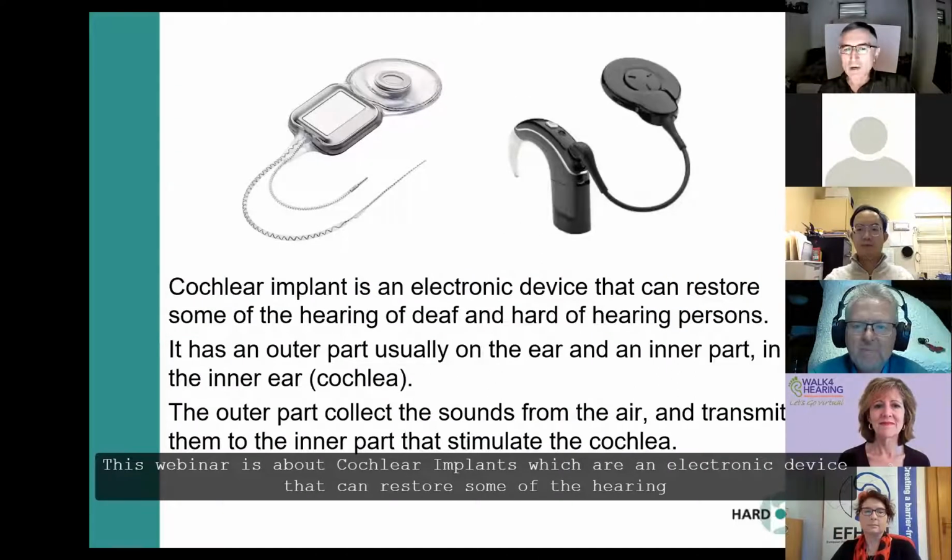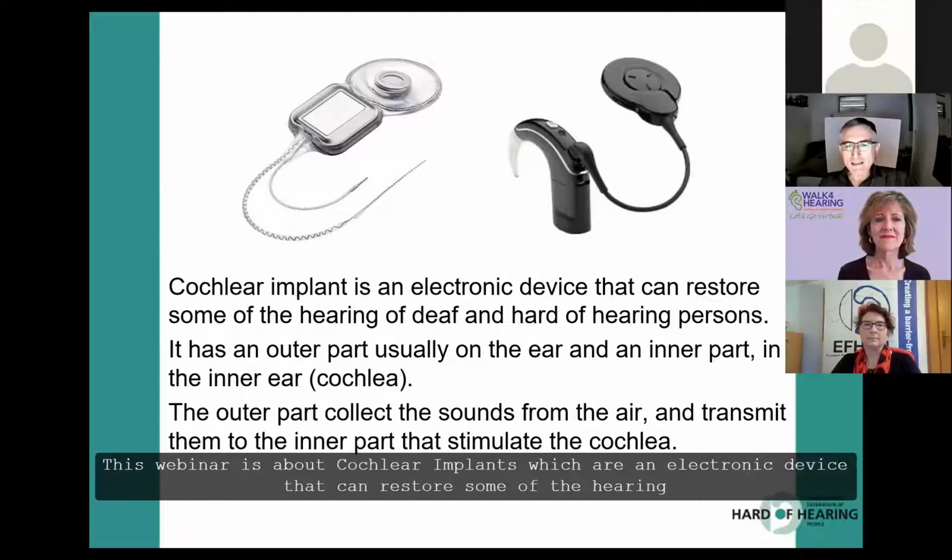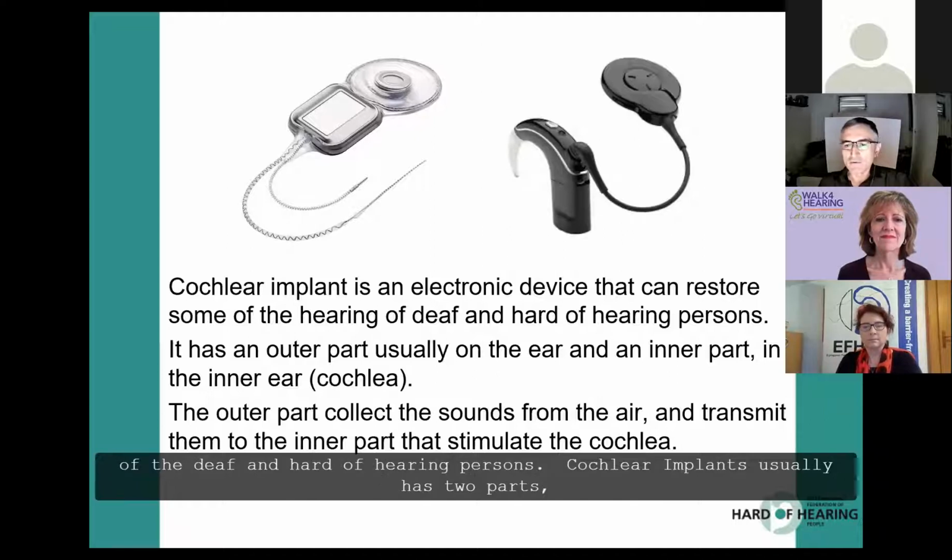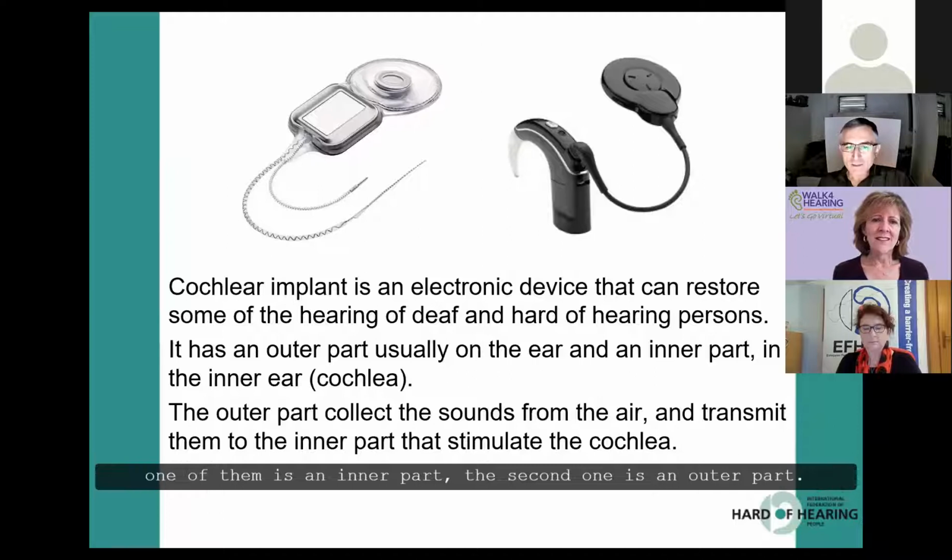This webinar is about cochlear implants, which are an electronic device that can restore some of the hearing of deaf and hard of hearing persons. Cochlear implants usually have two parts: an inner part and an outer part.